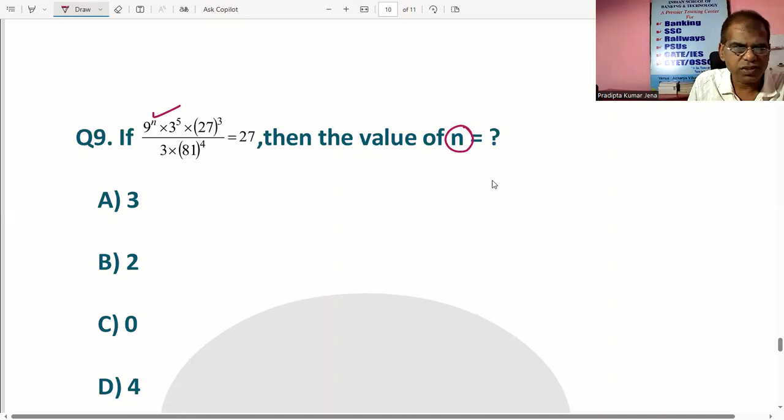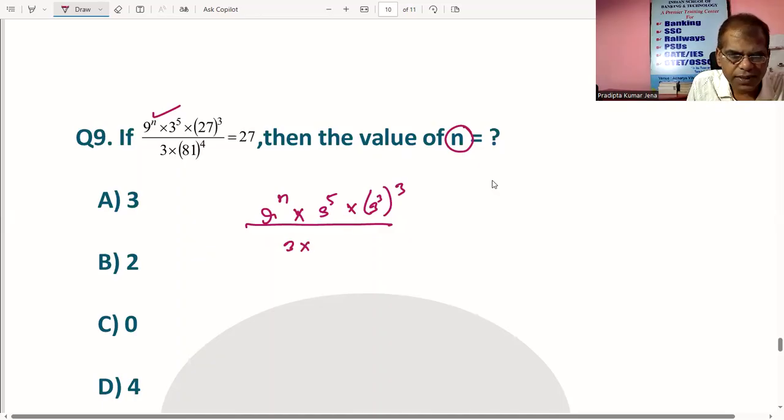Look at the solution. 9 to the power n times 3 to the power 5, 27 we can write as (3 to the power 3) whole to the power 3, divided by 3 times 81, which we can write as (3 to the power 4) to the power 4, is equal to 27.